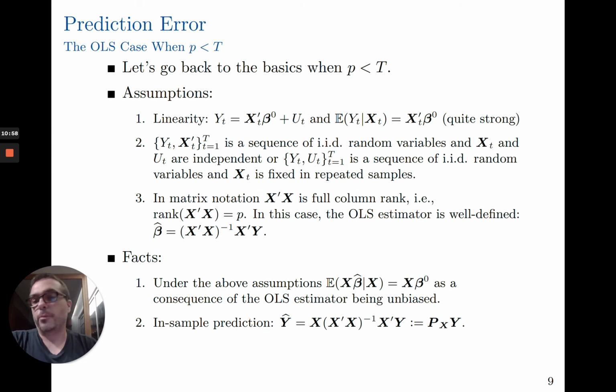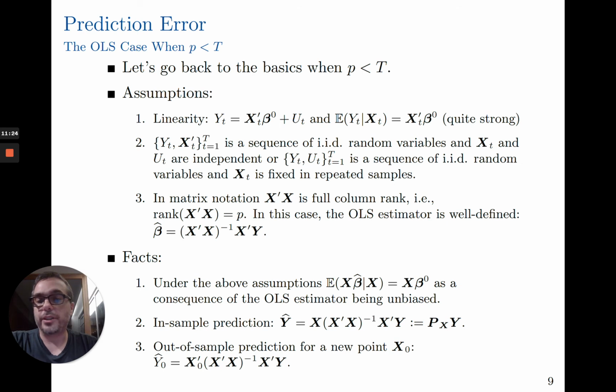And the in-sample prediction we can write in this neat matrix form. That will be y hat is equal to a projection matrix Px times y. Remember that Px, a projection matrix, is idempotent, so Px times Px is Px. So this will be useful for us later, okay?